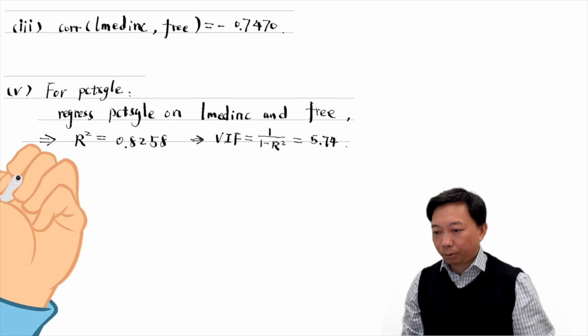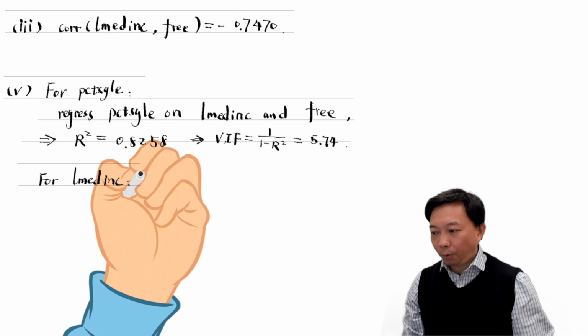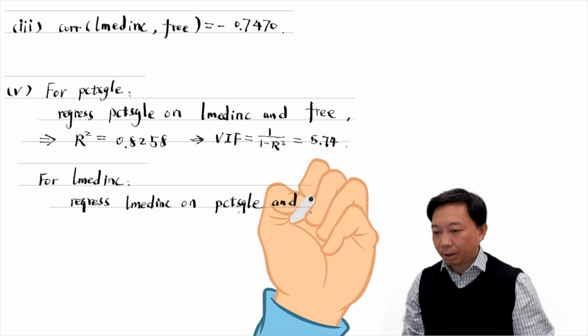Then we can compute the variance inflation factor for this variable, which is 5.74. We can calculate the VIFs for the other two variables similarly.